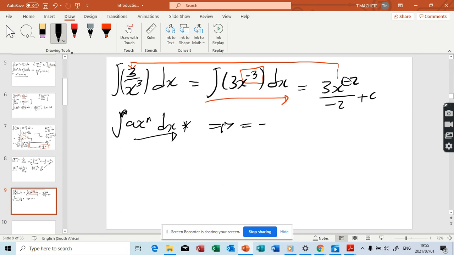So wait, I'll help you. Let me help him so that he can understand. Look at this. Do you agree that 3 over 2, we can put it aside and say minus 3 over 2, then we write this x to the power minus 2 on the side there? It is the same, right?